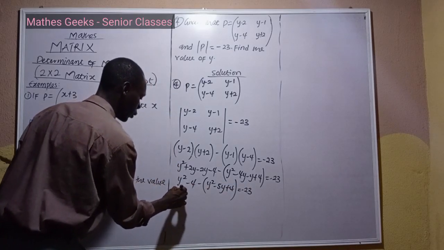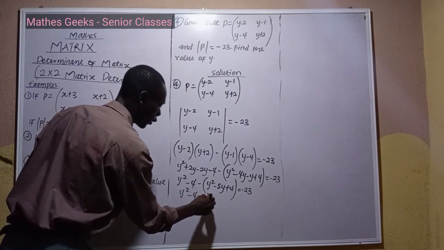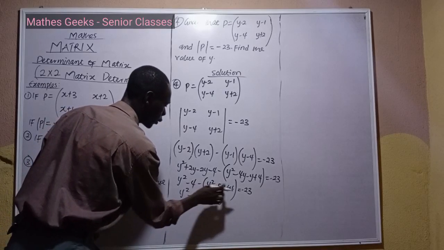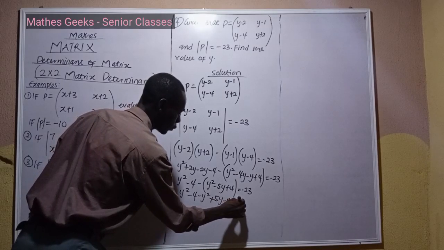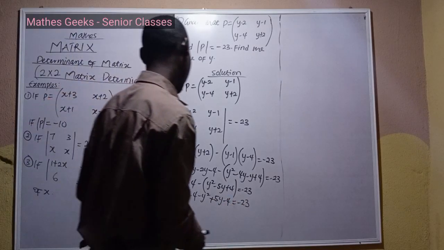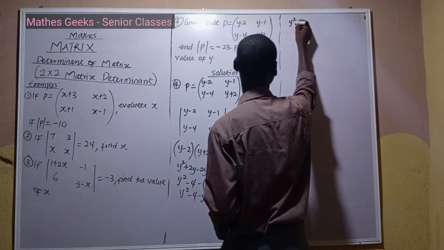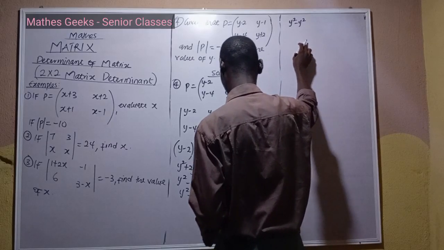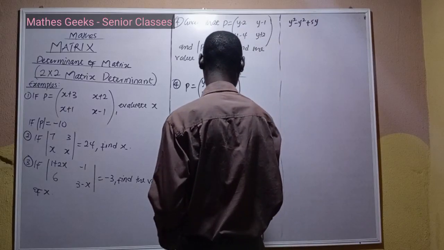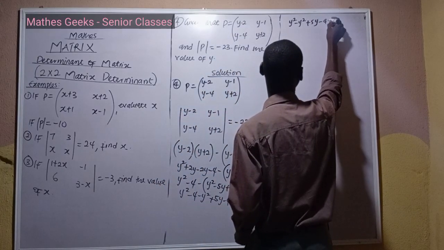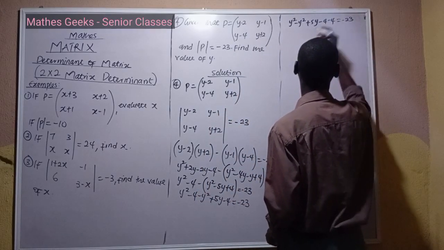So y squared minus y squared, plus 5y, minus 4 minus 4, equals minus 23.